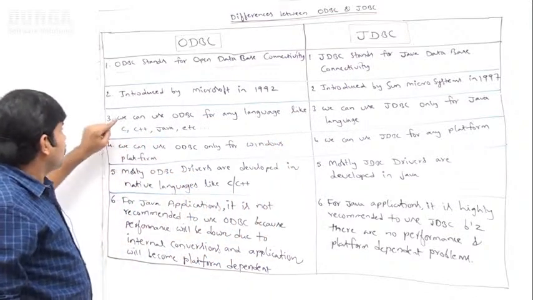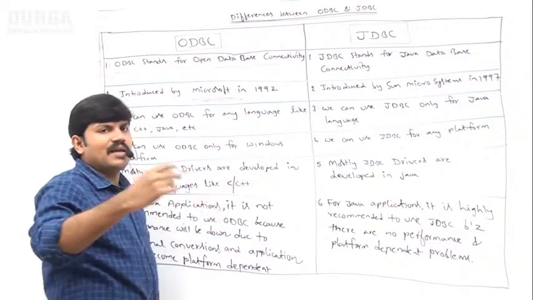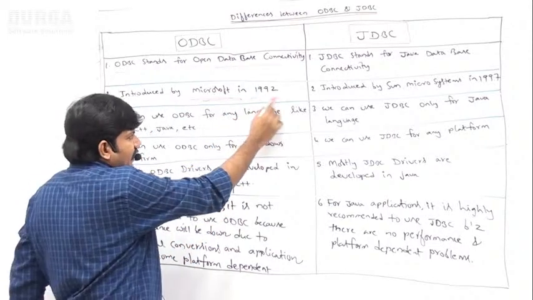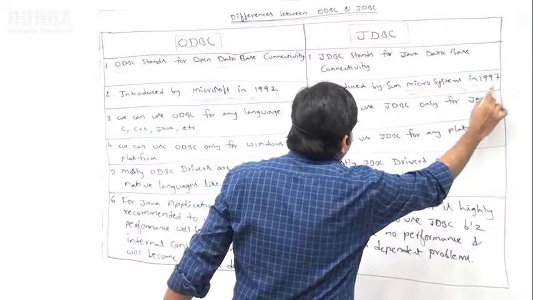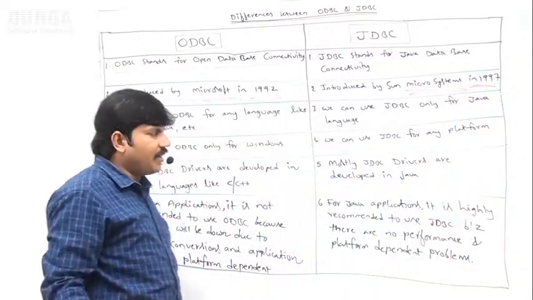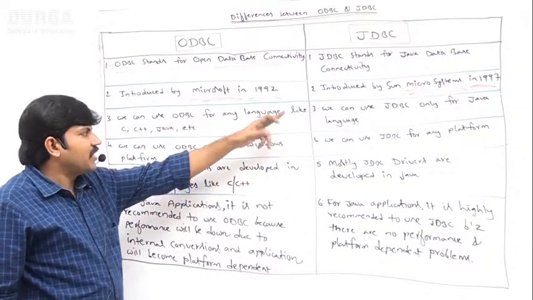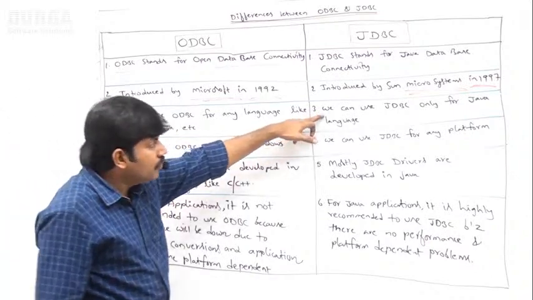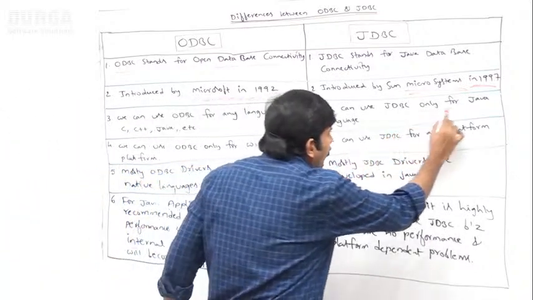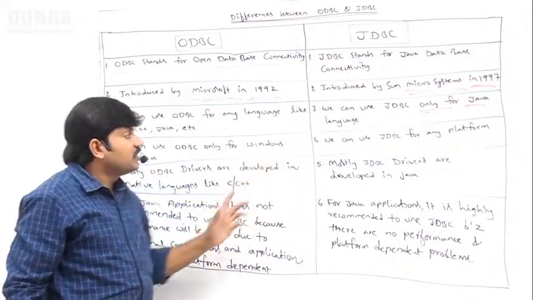ODBC was introduced by Microsoft and some other associates in 1992, but JDBC was introduced by Sun Microsystems in 1997. We can use ODBC for any language like C, C++ or Java, but we can use JDBC only for the Java language. Remember that it is applicable only for Java.